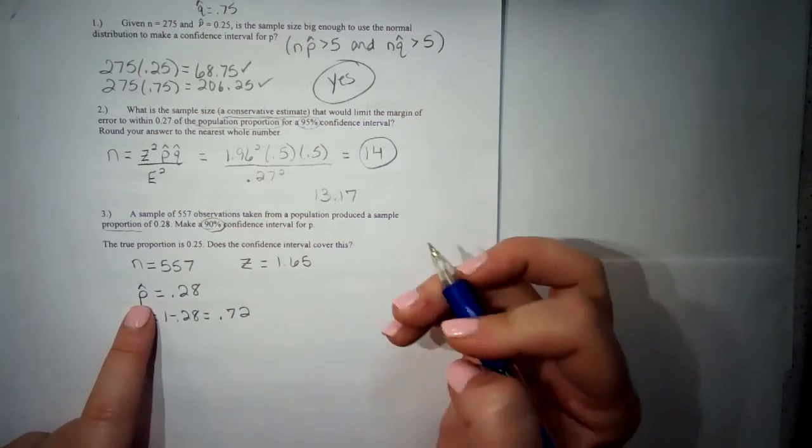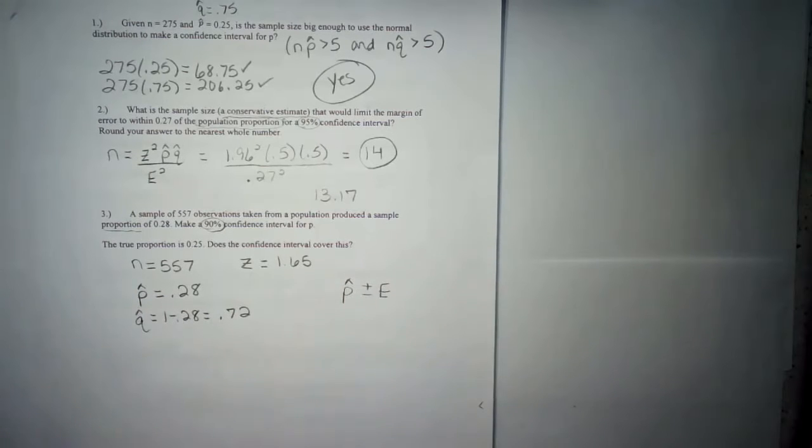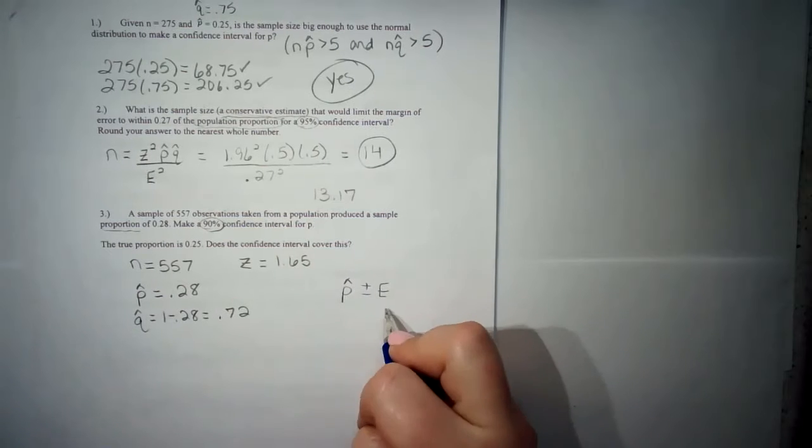Okay. All right, let's see if we can remember how to make our confidence interval. So remember, it's not going to be x bar plus or minus the margin of error. Because we're doing proportions, it's going to be p hat plus or minus our margin of error. That's how we get our confidence interval.